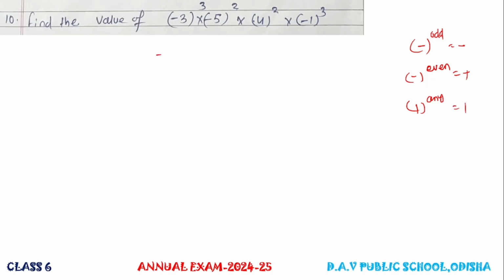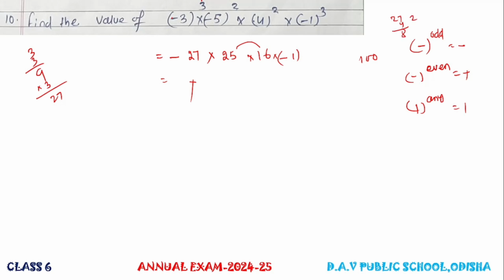Similarly, we can write minus 3 power 3, that is 3 3 ja 9, 9 3 ja 27, into minus power even, that is plus 5 power 2, that is 25, into 16, into minus power odd, that is minus 1, minus minus plus. 25 4 ja 100, again 4 into 27, 10800. Yes or no? This is the answer.